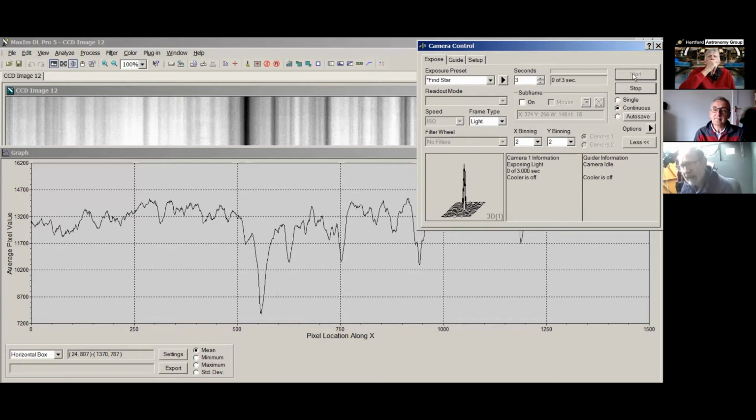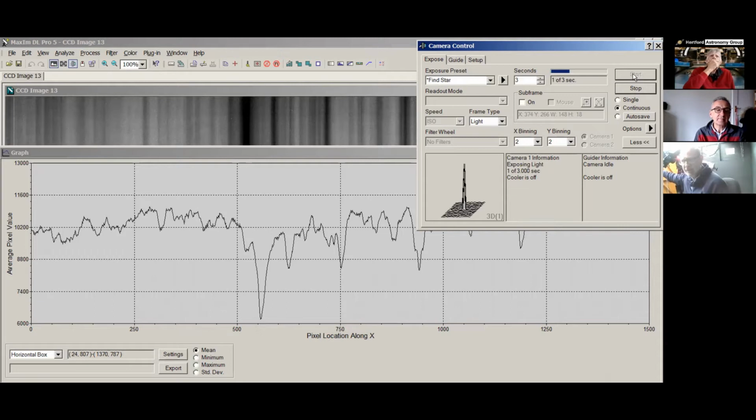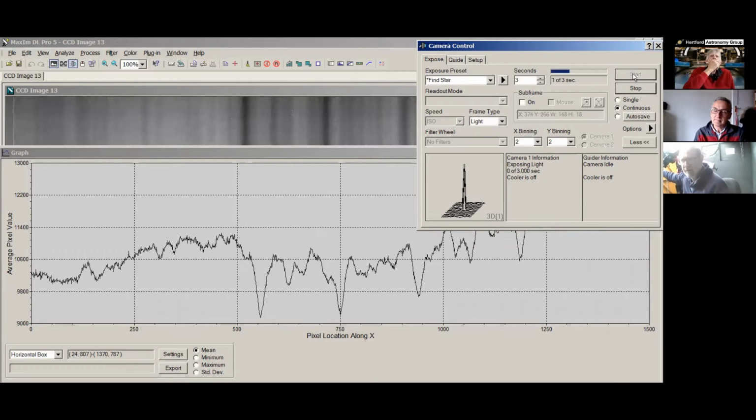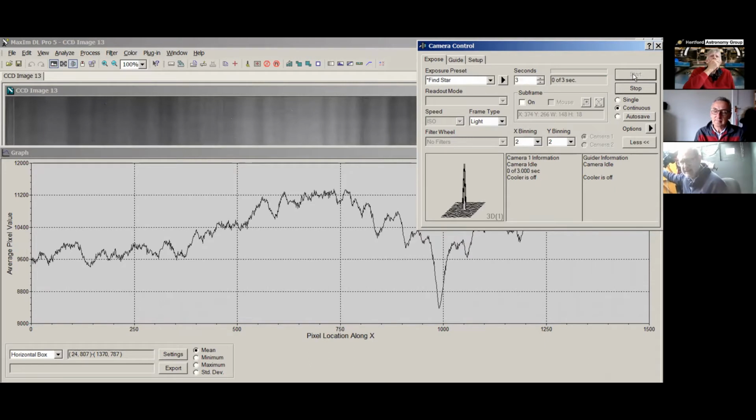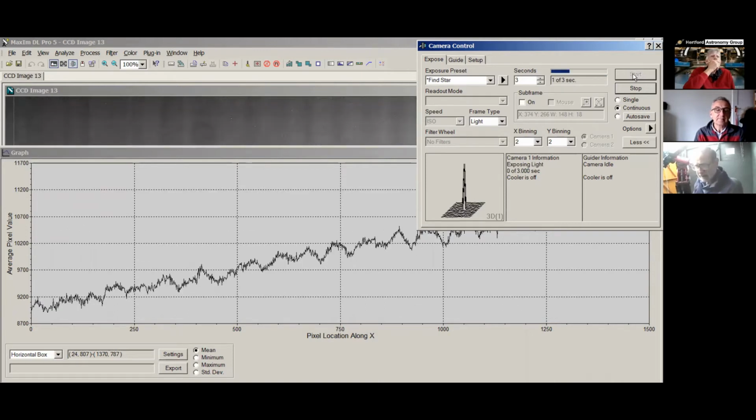So let's move now down to the blue end, which is even more difficult for the eye and the spectrograph to see, because the sensitivity of the spectrograph drops off at the blue end, although you can see quite distinctly the calcium doublet. So let's see where we are at the moment.